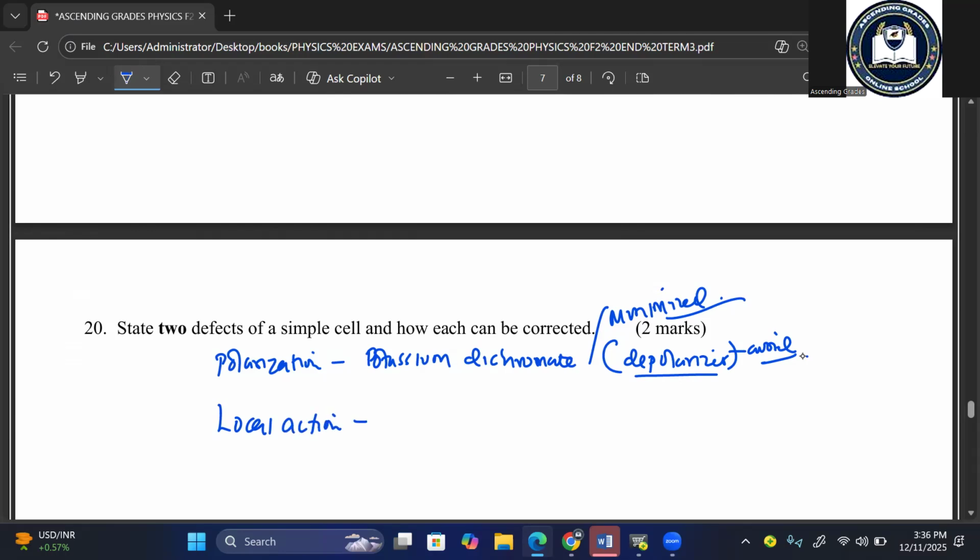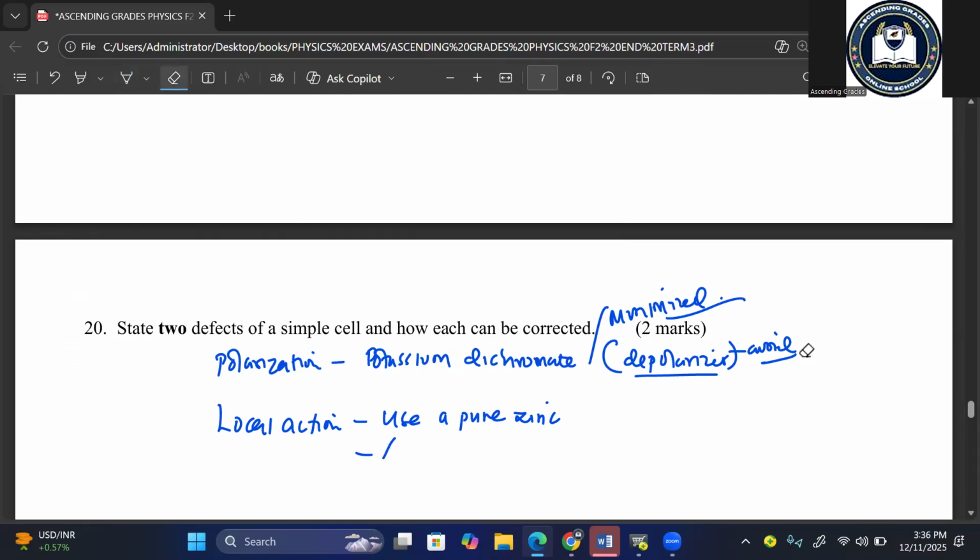Is the eating away of the zinc plates, and you can use pure zinc, or you do something called amalgamation.